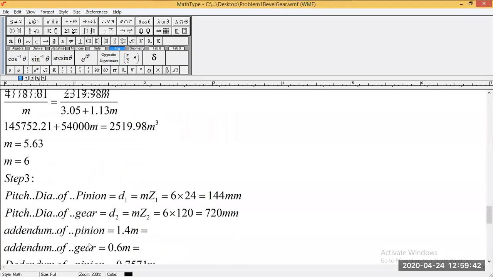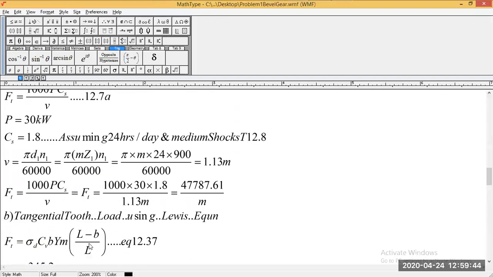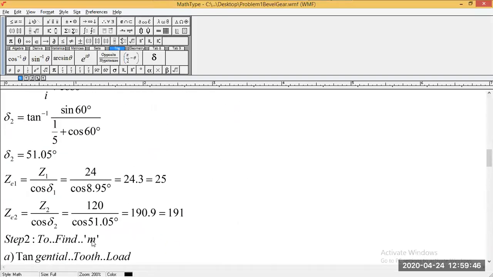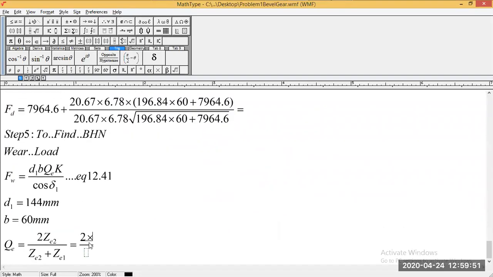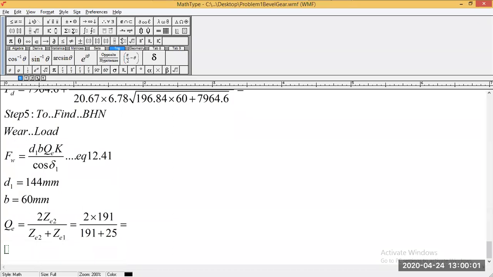Let me go back to the first step. ZE2 is 191.25. This is 191 and 191 plus 25. Okay, so calculate this, then cos delta 1 we can find out there, right?